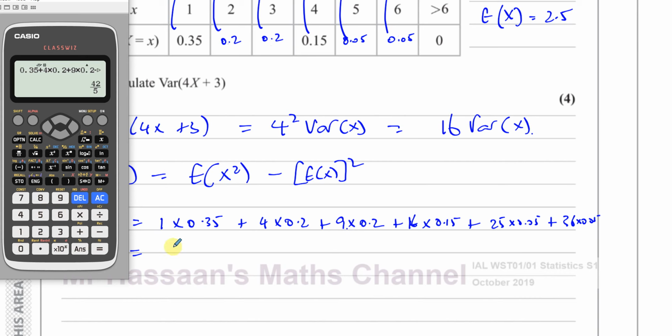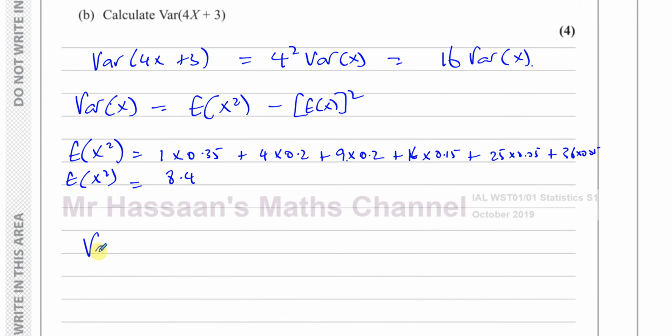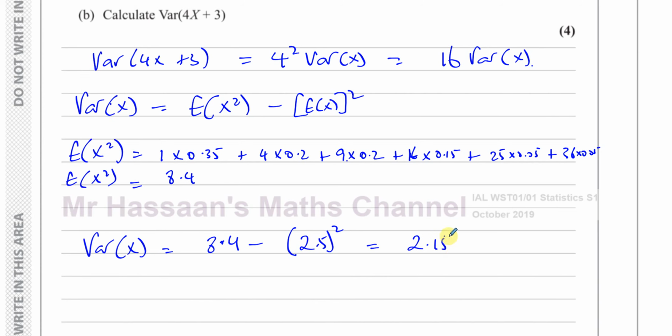And that gives you 42 over 5, which is 8.4. That's E(X squared). So therefore we can say the variance of X is going to be the mean of the squares, 8.4, minus the square of the mean, 2.5 squared. That gives you 2.15. 2.15 is the variance of X.